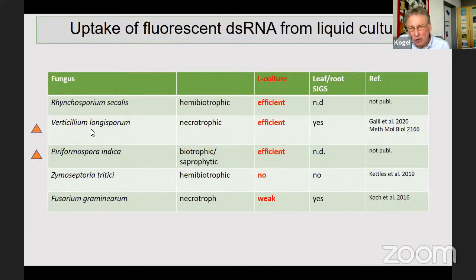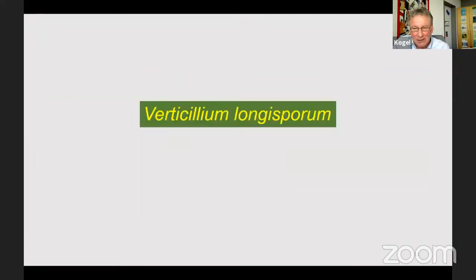I will focus today only on Verticillium longisporum and on Piriformospora indica, the Indian fungus. Many of you know, of course, this is an endophyte fungus. It is beneficial, and I was interested in seeing whether beneficial fungi are also affected by double-stranded RNA, which might be an issue if you develop plant protection measures.